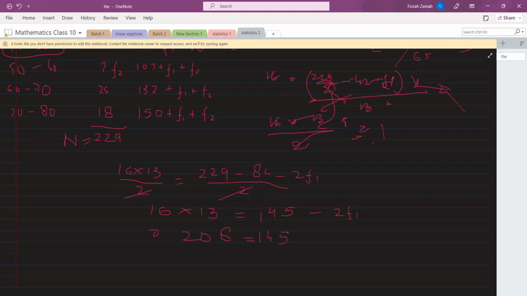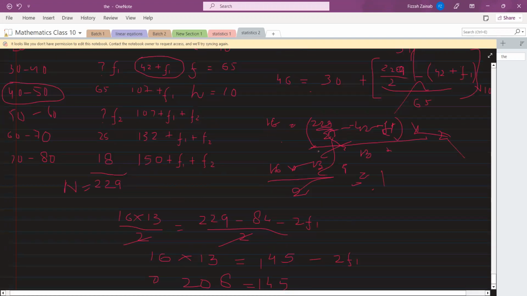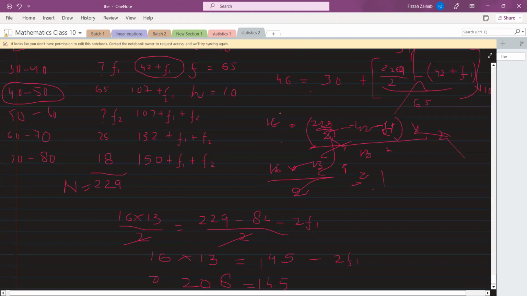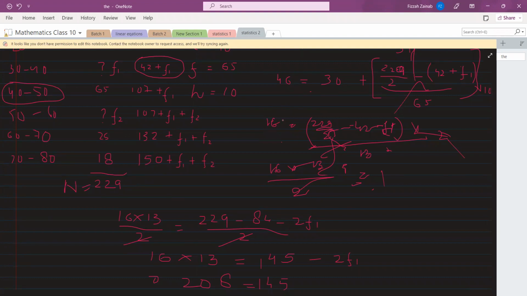No, it should not be 208. F1 is not negative here. Oh God, one mistake I have done here.